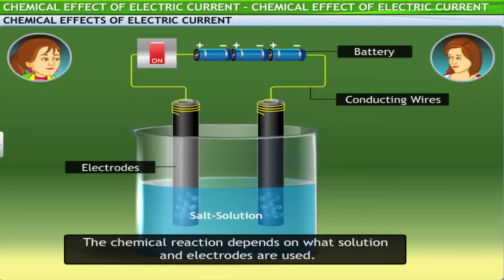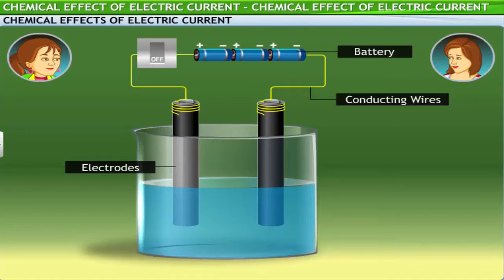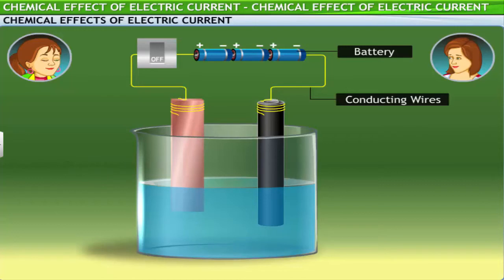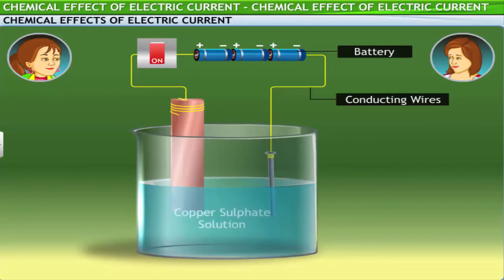Let's repeat the experiment, replacing the carbon rods with a copper strip and an iron nail as electrodes dipped in a container having copper sulfate solution. Now, you will witness a change in color. With this solution, you should be able to see the coating effect used for electroplating. You need to give some time for the process to take place.